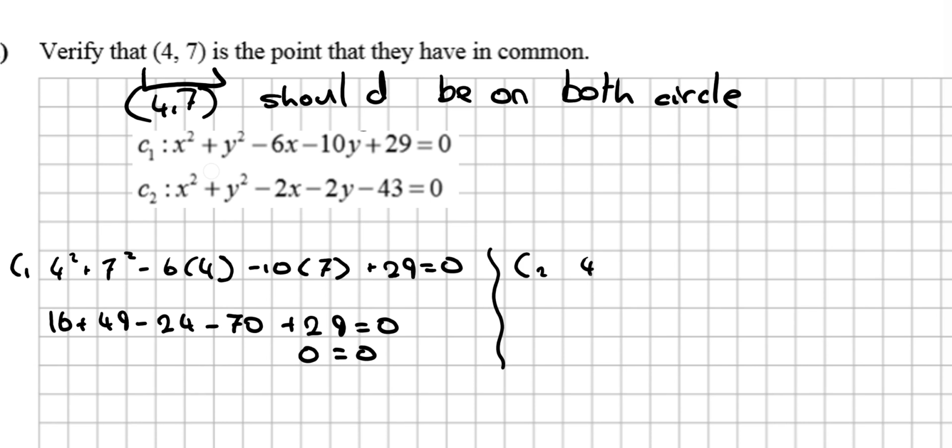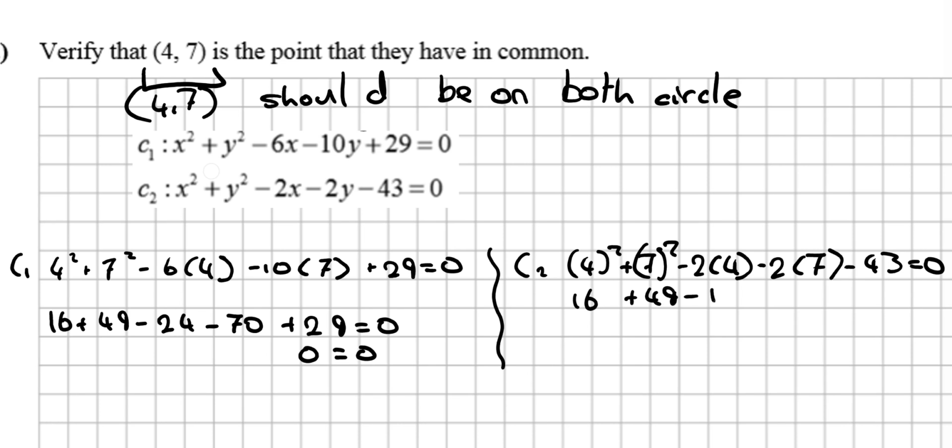C2, you're getting 4 squared plus 7 squared minus 2 by 4 minus 2 by 7 minus 43 is equal to 0. 16 plus 49 minus 8 minus 14 minus 43.